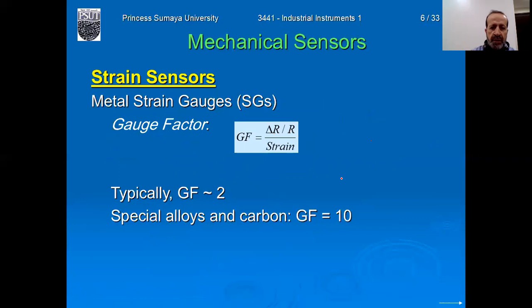The gauge factor here is equal to delta R over strain.